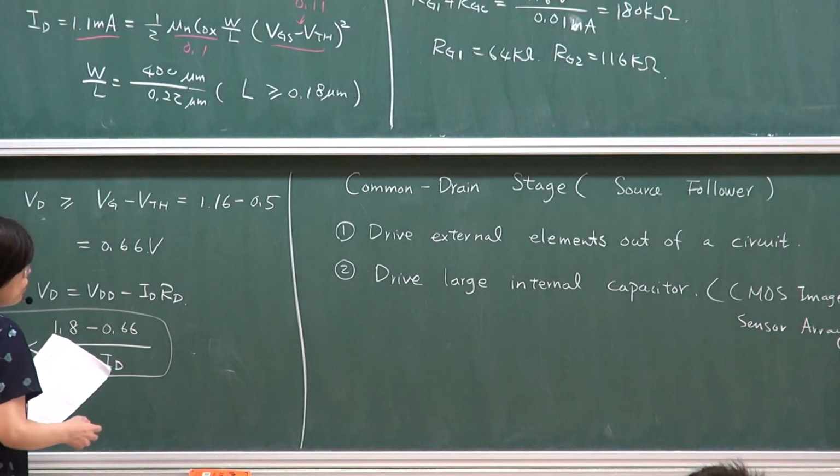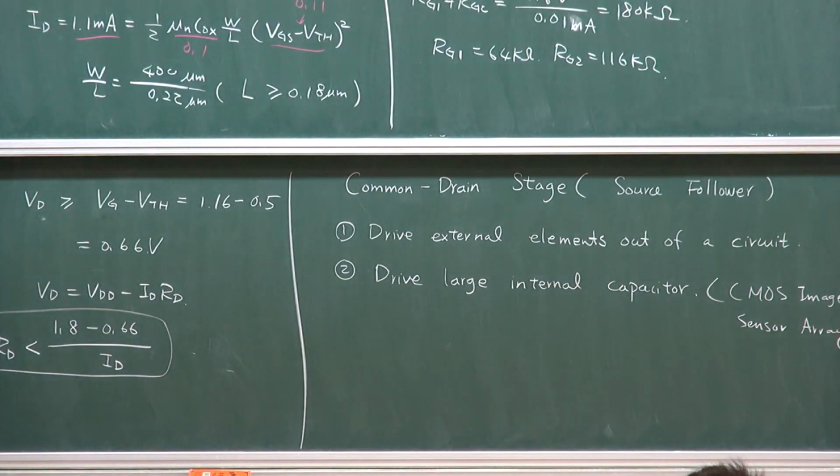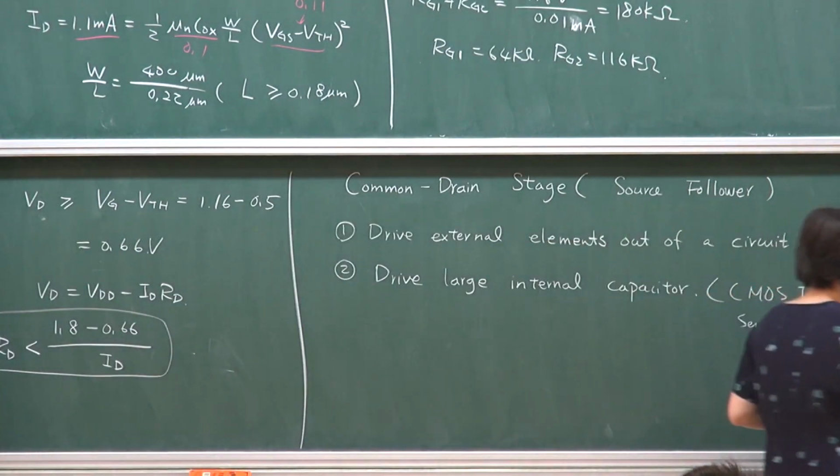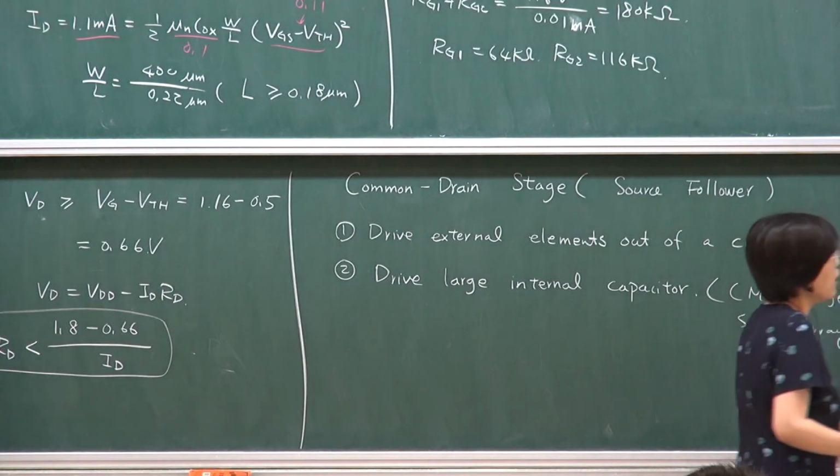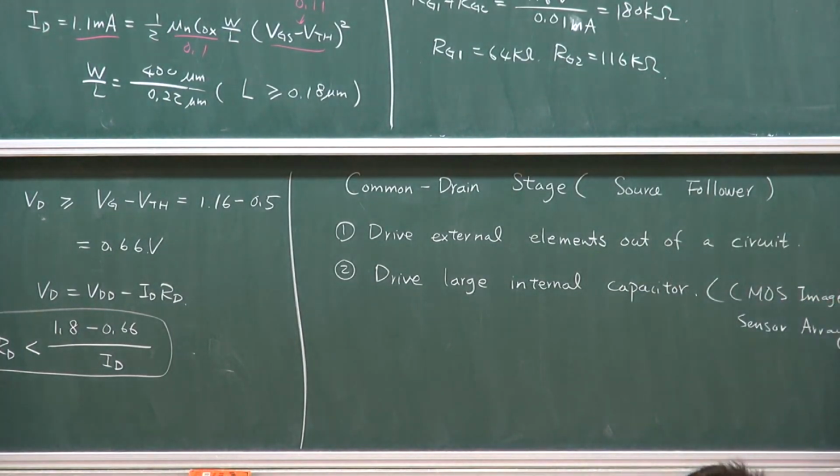So the common drain stage is fairly straightforward. We have already discussed a little bit on the emitter follower, but I'm just going to use this approach. For the common drain topology, of course, my drains are common. My input is at the gate and output is pulled out at the source.